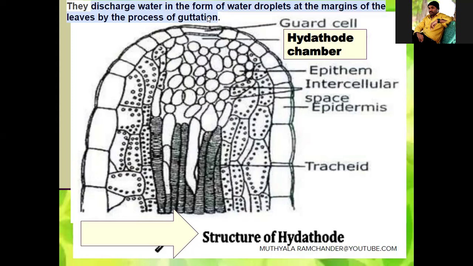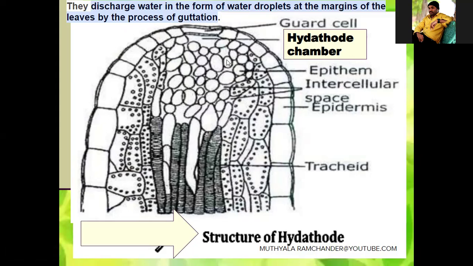The water droplets discharged from the leaves through the hydathode is called guttation. Excess water is discharged as water droplets at the margin of the leaf by the hydathode, and this process is called guttation.